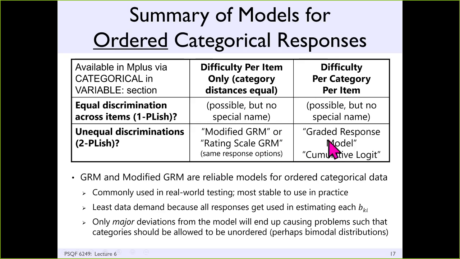So we have the graded response model, which corresponds with cumulative logit, in the cell where we have different slopes for different items as well. So I think this family is one of the more common ones, but there are others for categorical data that you will see, and so I wanted to get a chance to talk about those. So any questions on that before we change to the next one?